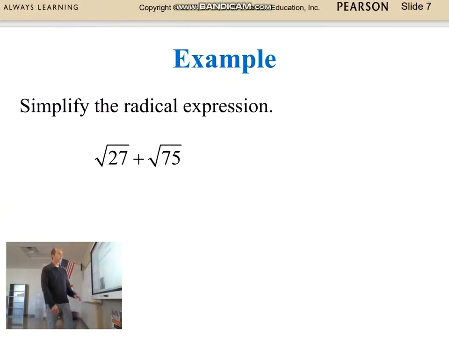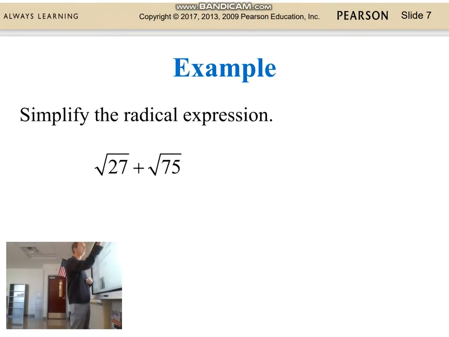Check another example, simplifying the radical expression. We have the square root of 27 plus the square root of 75. Well, they are radicals with the same index. They are square roots, the index is 2, but they have different radicands, right?